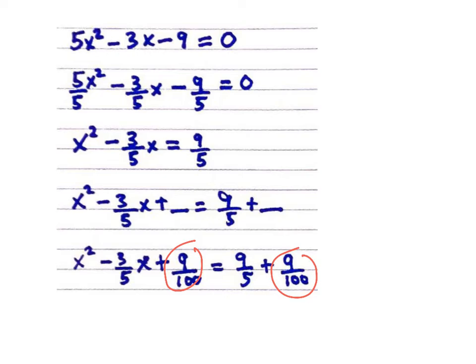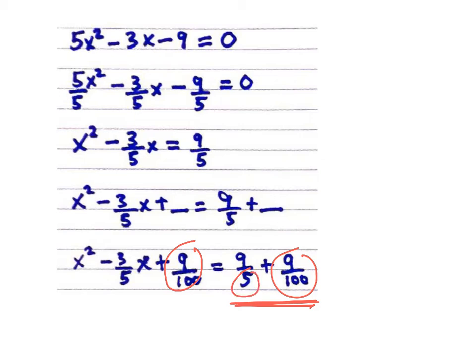The next thing is to add these two fractions together. As before, if it's too hard for you, you can use your calculator: 9 divided by 5, enter, plus 9 over 100, enter, then change to fraction. Or I prefer that you use your math knowledge to change this to a common denominator.